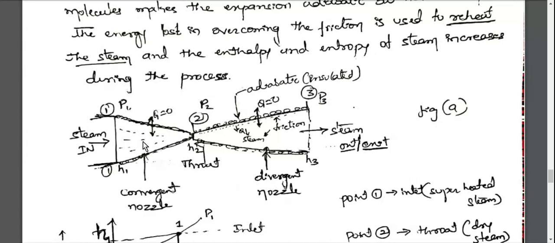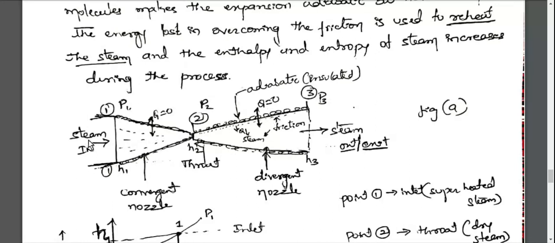The nozzle is insulated so that heat exchange between the system, that is the nozzle, and the surroundings is equal to 0 through the entire nozzle. Throughout, it is insulated, so the value of Q is equal to 0 here.